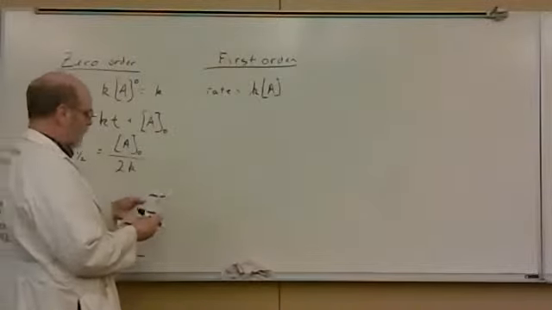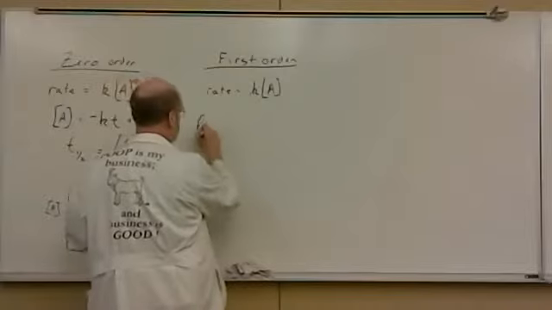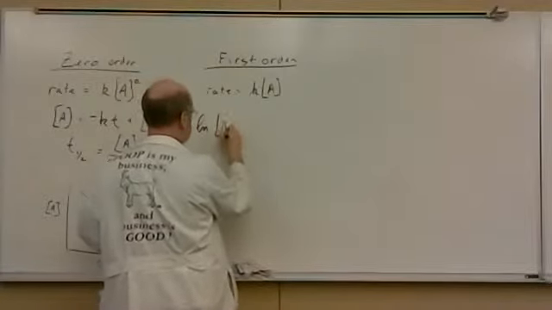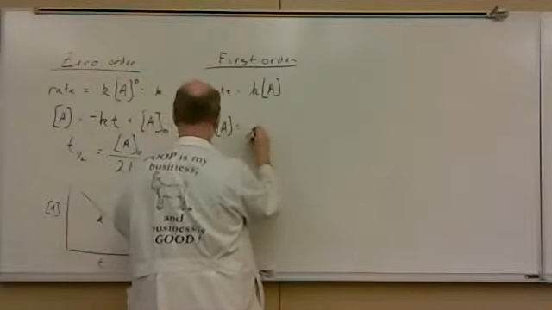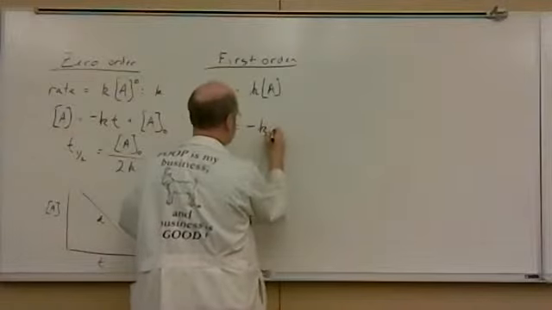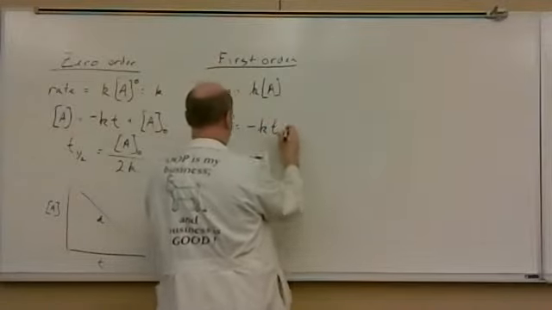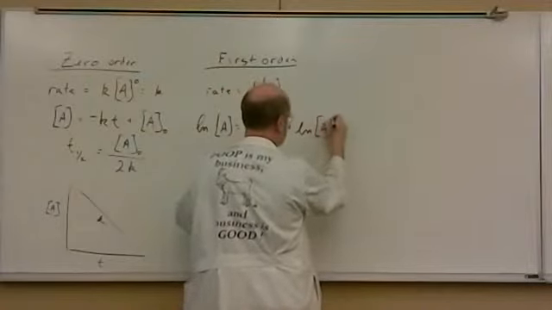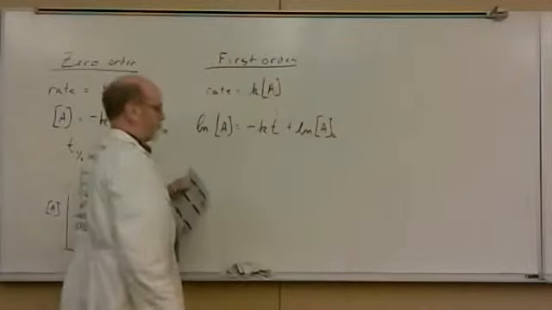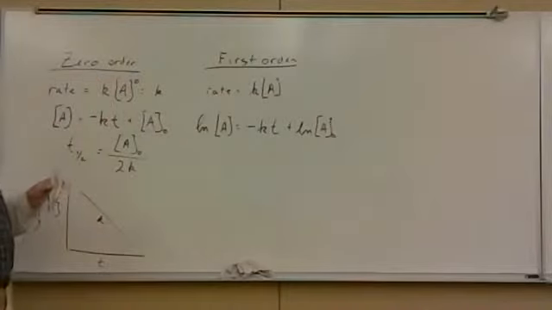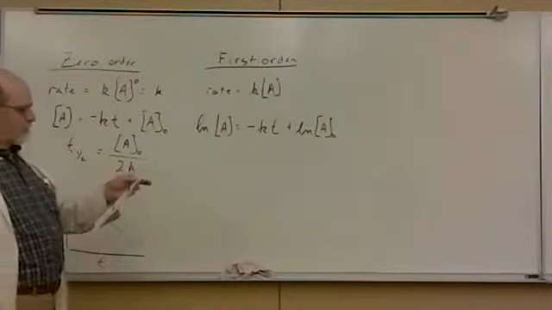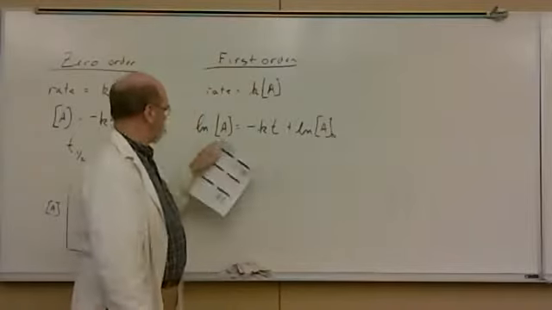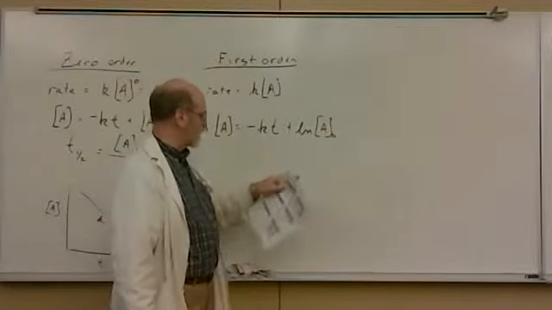And the integrated expression is the natural log of A is equal to minus K times time plus the natural log of A0, the initial concentration. So here's y equals mx plus b.